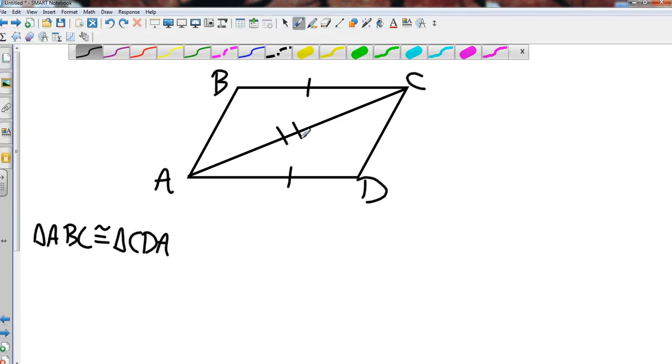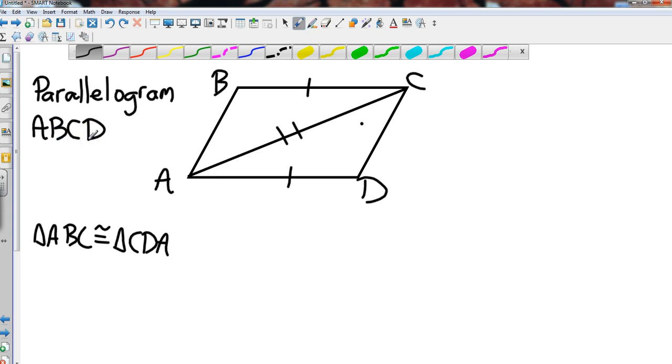So now, again, I probably should have stated that this is a parallelogram. Okay? So I've got two sides. Do I have any angles? No. There's no measuring. All the information is there. We just have to recall it.